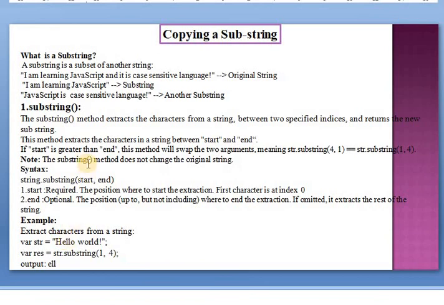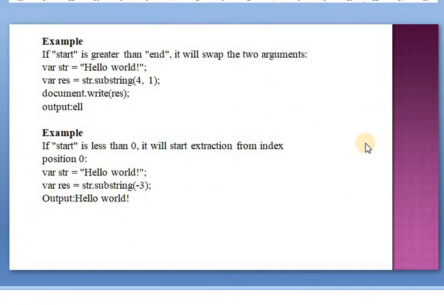And remember, it is important: suppose start is greater than end, this will swap the two arguments, meaning 4, 1 becomes 1, 4. Next are some examples related to the substring method. First example, if the start is greater than end, it will swap the two arguments.